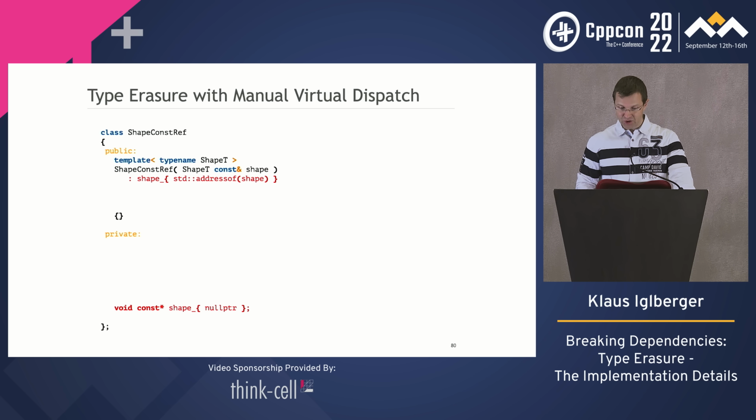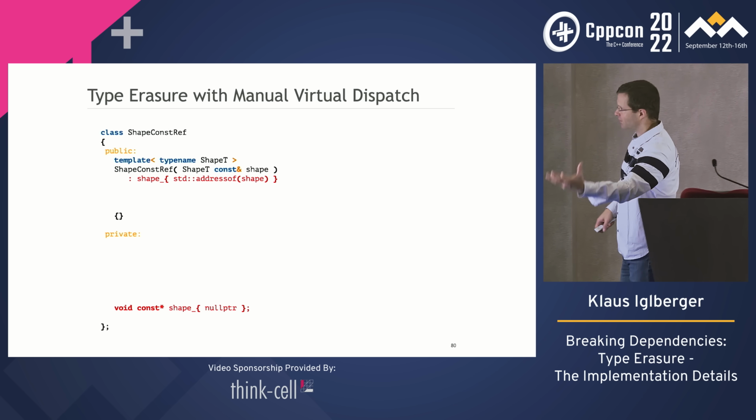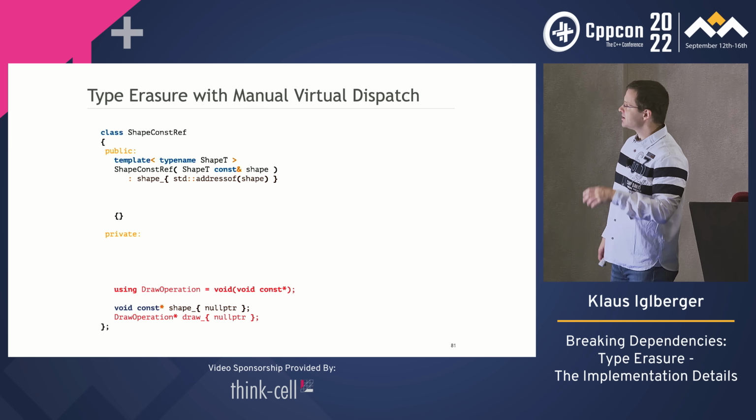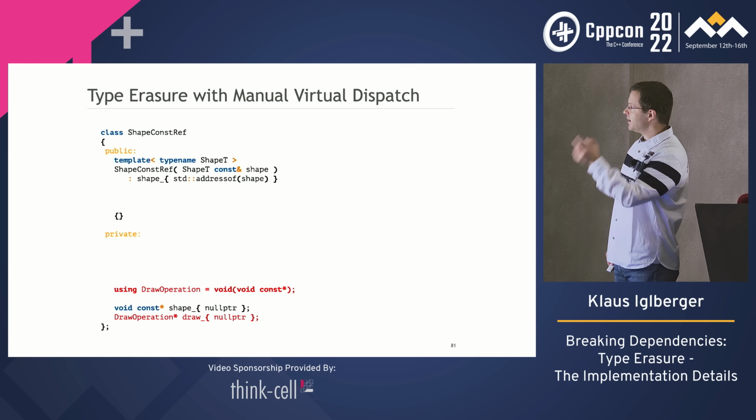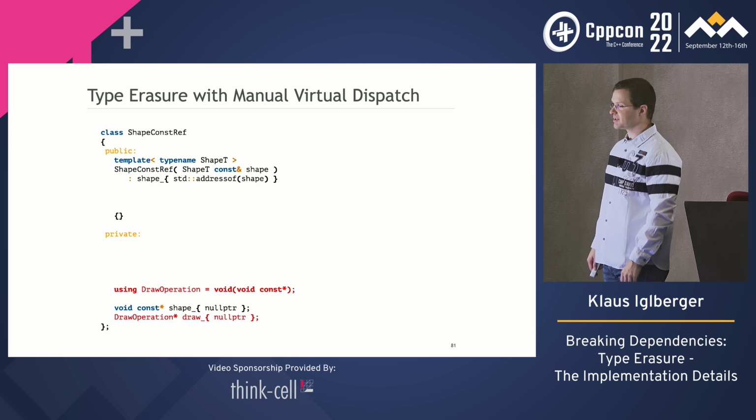I know that it's actually a shape_t thing. And so I cast back to a shape_t const pointer, dereference that thing, and put it into the draw function, which again is the same draw function that we've seen before. So this is the affordance that we require. This thing needs to be drawable by a free draw function. That's it.